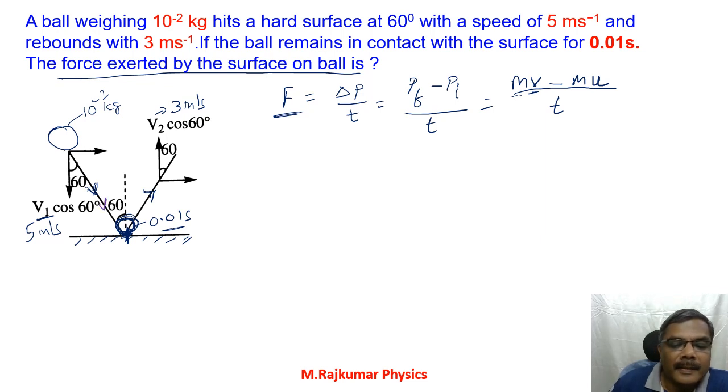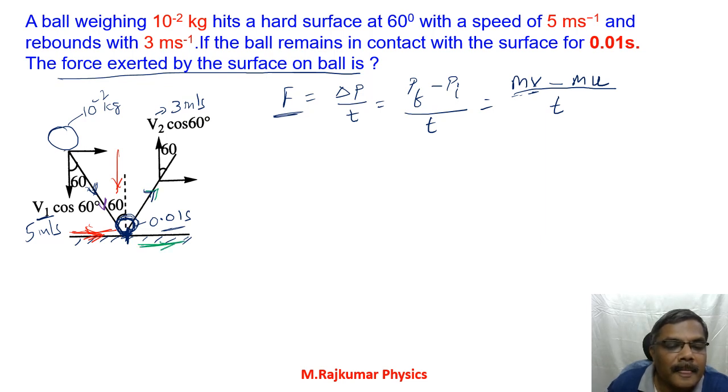While it is hitting, this ball will have two components, along this x-axis and along this y-axis. This inclined vector will have two components. In the same way, while rebounding back in this direction, that vector also will have two components.